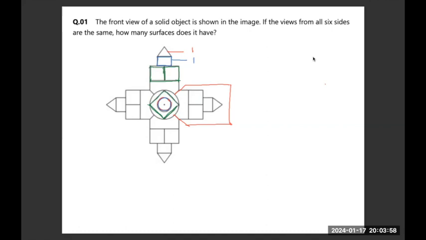It will have 4 edges, four surfaces at the corners, plus this surface on top. So that comes to 5 surfaces. The bottom part looks like this in elevation, which means it's a cylinder.